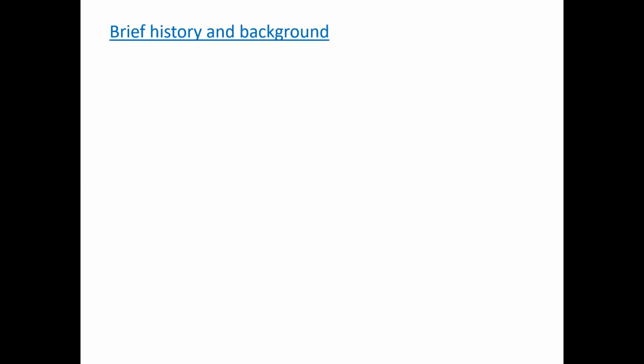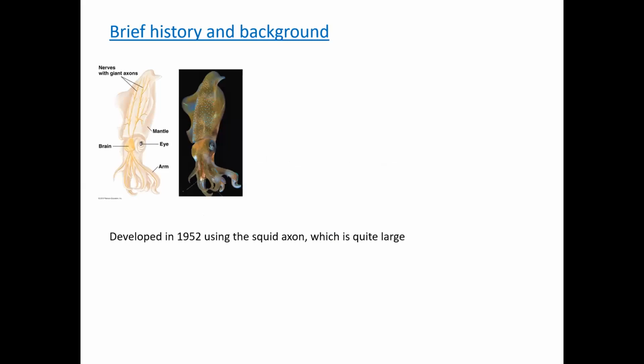So first, a little bit of history and background. Hodgkin and Huxley wanted to study the action potential in nerve cells, but didn't have electrodes small enough to study it in mammals and smaller organisms.